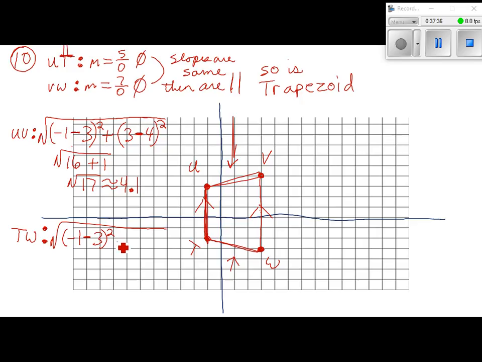For the y's, for T and W, are -2 and -3, so -2 minus a -3, squared. Remember, when you have a minus a negative, that's going to change to plus there. -1 minus 3 is -4. -4 squared is 16. -2 plus 3 is 1. 1 squared is 1. 16 plus 1 is 17. And we know that that's 4.1 then. Well, these two are the same.